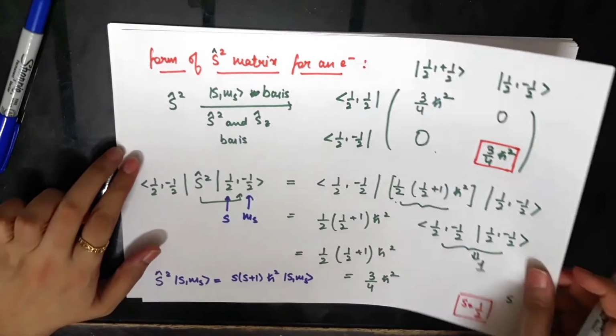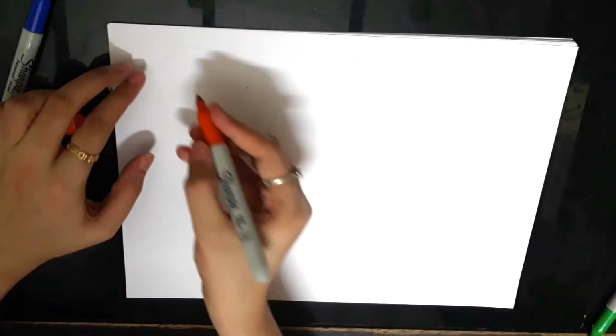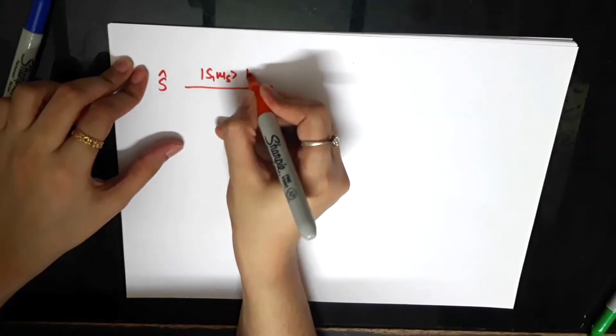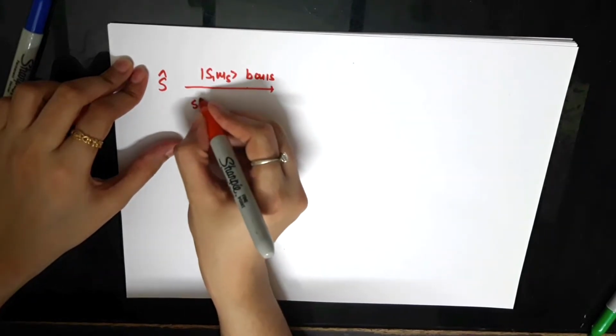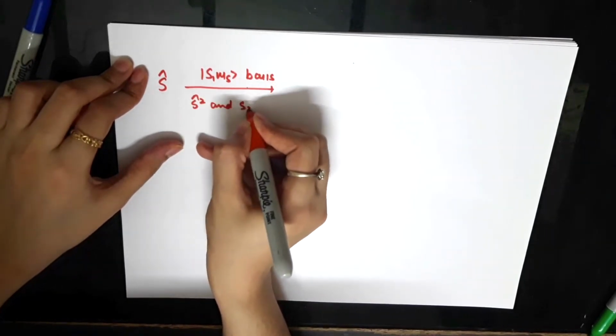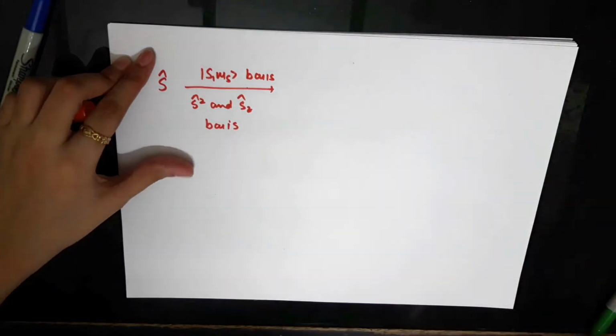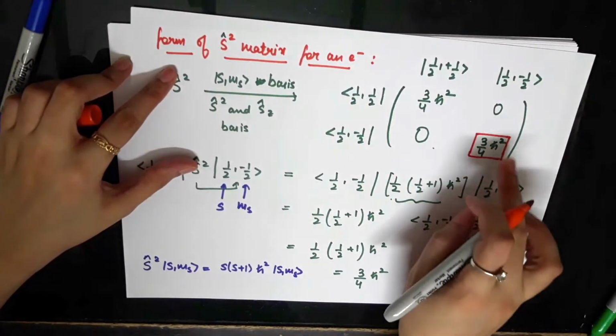So I can just write very quickly the S operator in the S, m_s basis, which is the basis for S squared and Sz operators. I can write it because it's just the square root of these entries.